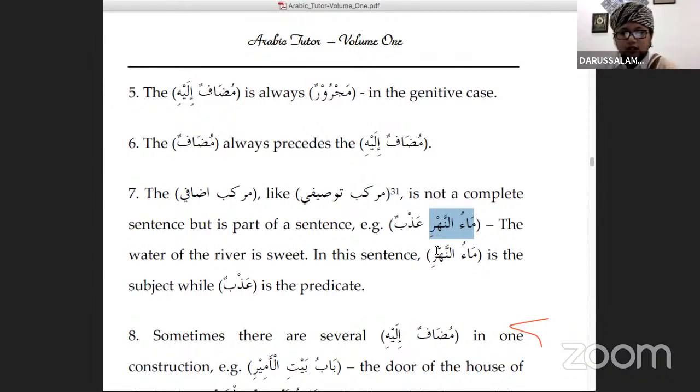The predicate is azbun, manis. The water of the river is sweet. Understand?